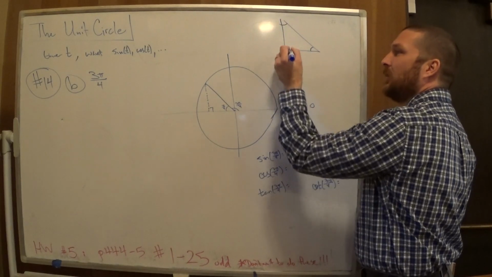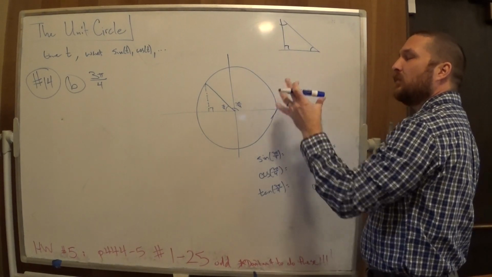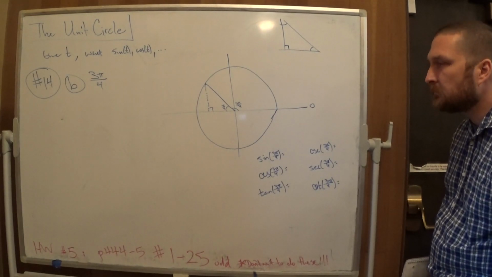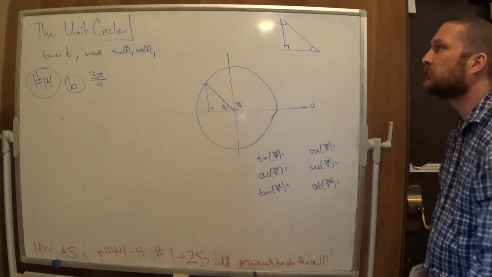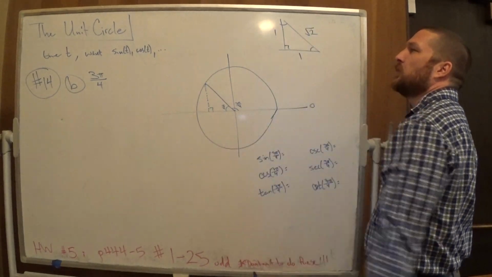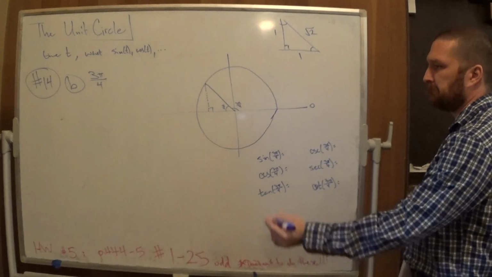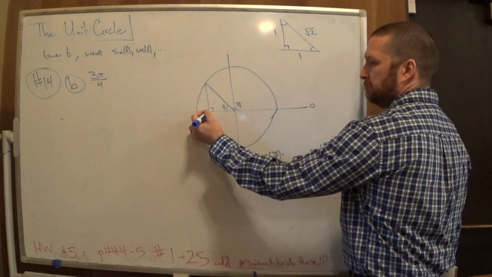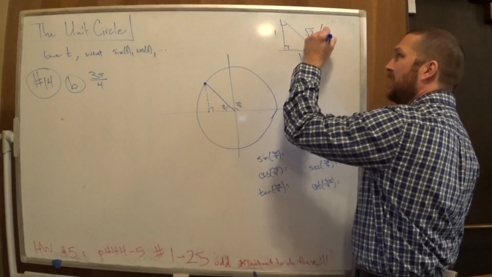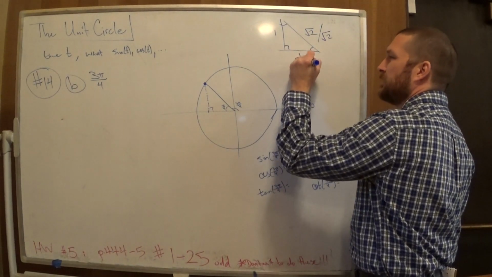Yeah, and now there's two ways we could do this. We could just shrink it, right? But with the radius 1, the hypotenuse is 1, so the legs are 1 and 1 with hypotenuse root 2. So how could we shrink it? Divide everybody through by root 2.